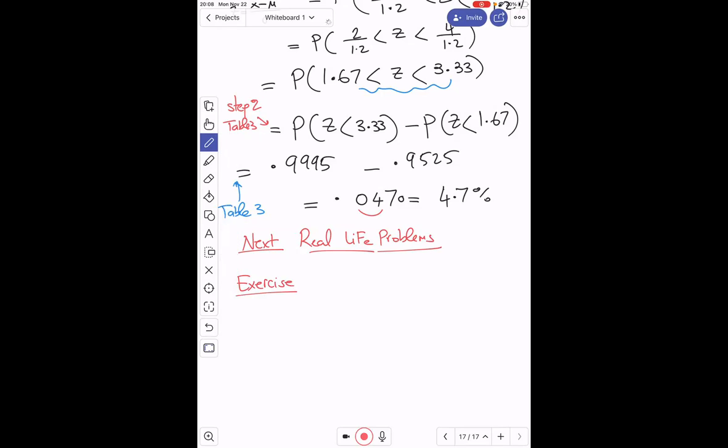We have Blu-ray players. They have a normally distributed functional life.